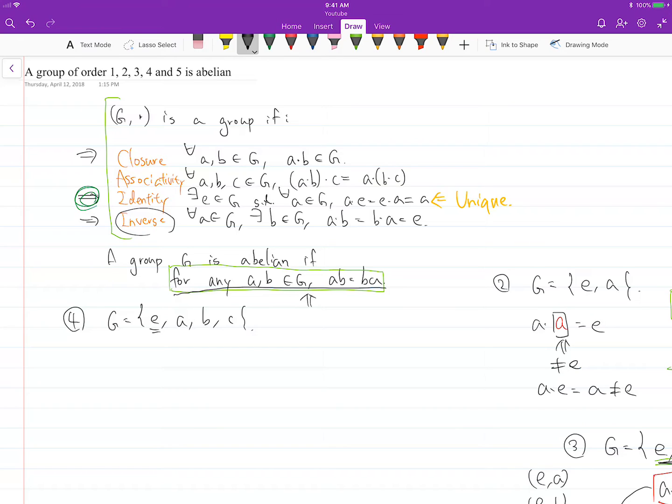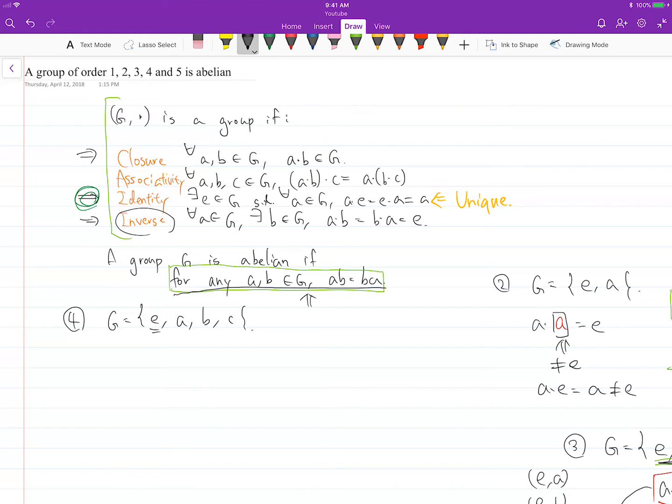And so far what you might have noticed is if you have a group of order 1 or 2 or 3, the group structure can be uniquely determined. As in, we do not have different cases.